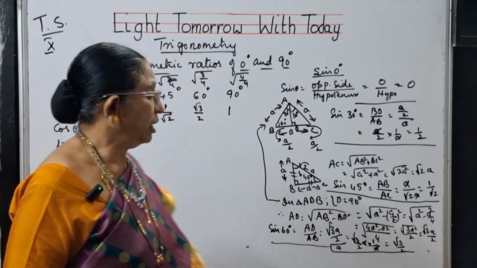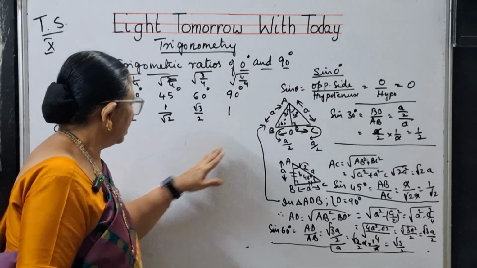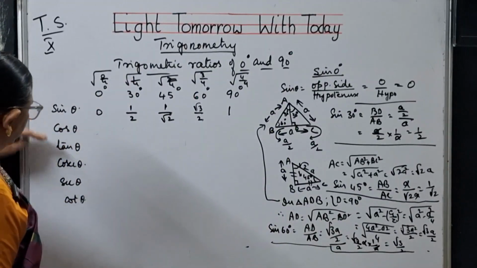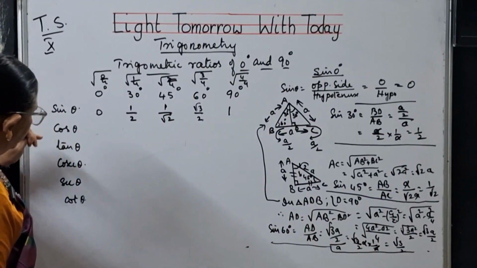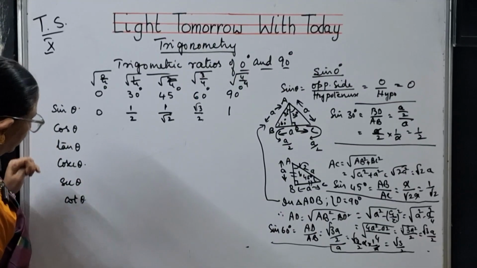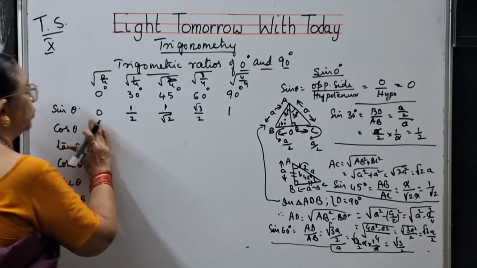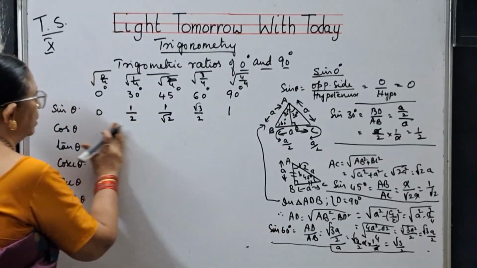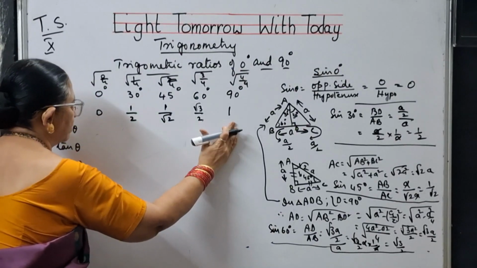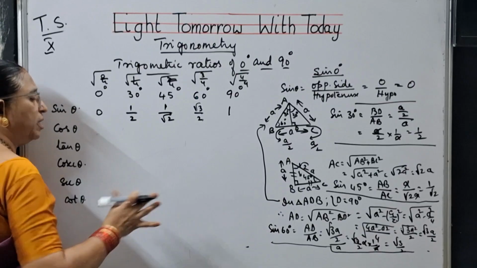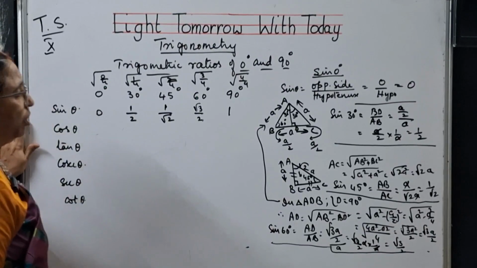This is how you can get the first line of this table. You have got sine theta, cos theta, tan theta, cosecant theta, secant theta, cot theta. If you could fill this first line, children, the remaining you can automatically fill. I'll explain how.